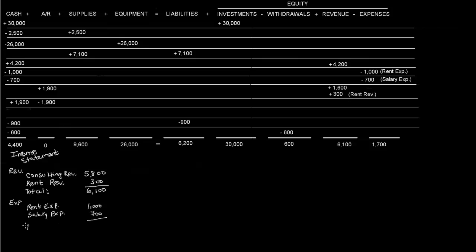So total expenses are $1,700, which means that our net income is $4,400. So again, this $4,400 is our net income, and this is how we prepare an income statement using this transaction analysis.